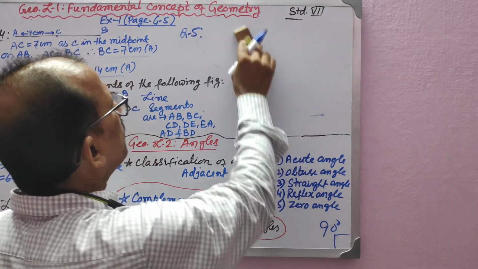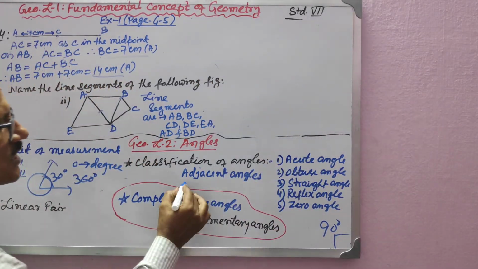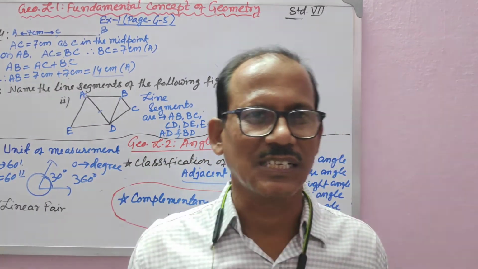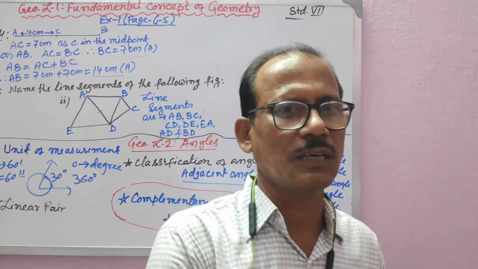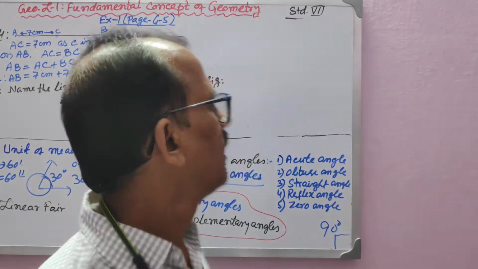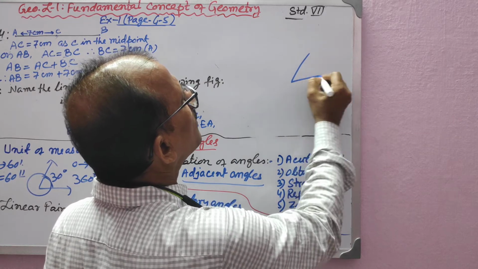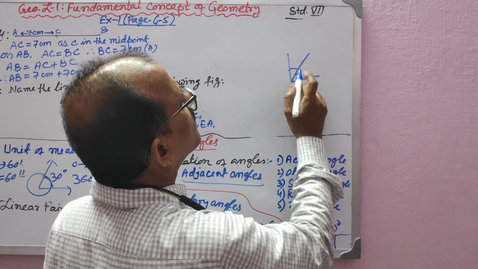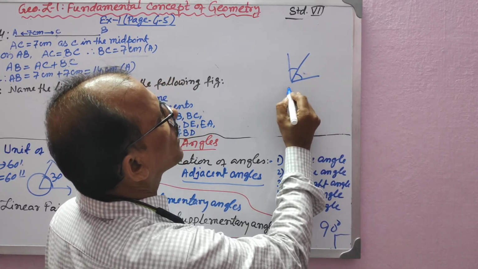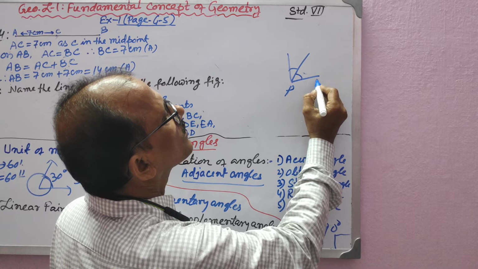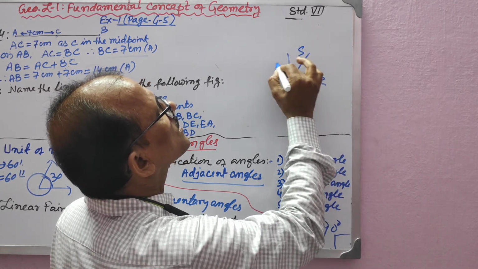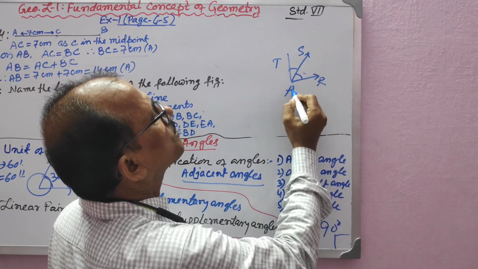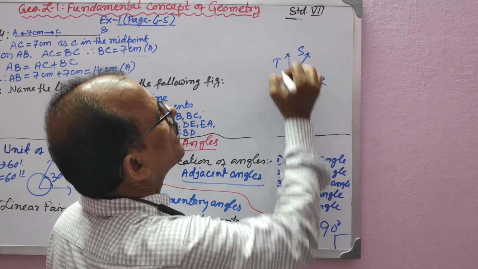Now I will talk to you about one of the very important aspects, adjacent angle. What do you understand by the word adjacent? Adjacent means attached. Adjacent building means two attached buildings. So two angles attached together, this angle and this angle. These two angles have a common vertex P. Suppose this ray is PR, this ray is SP, and this ray is PT.